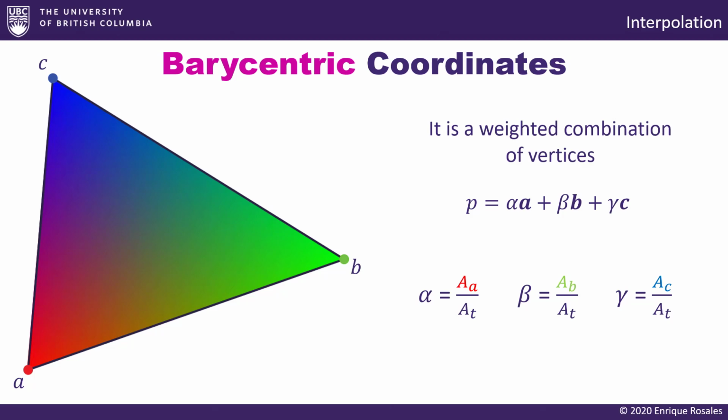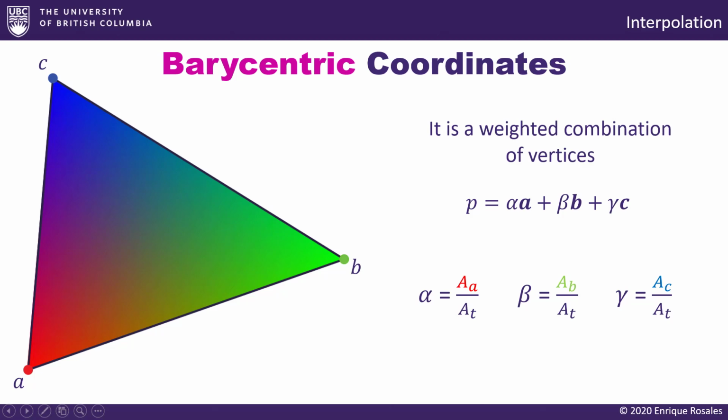It's basically the graphical version of this interpolation, right? So what we are seeing here is that every pixel here is being interpolated among these three colors, right? Red, green, and blue. And this is the way it is computed.